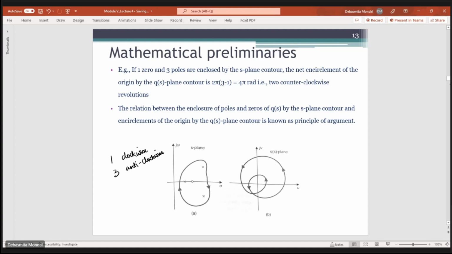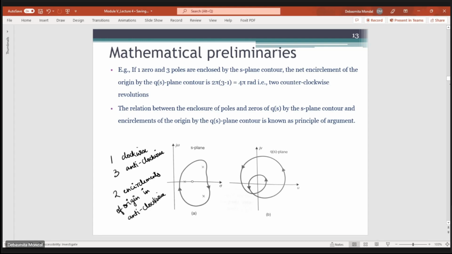So overall, 3 minus 1, that is 2 encirclements of the origin in the anti-clockwise direction. The overall angle experienced is 2 pi multiplied by 3 minus 1, which equals 4 pi radians. That is the same as 2 counterclockwise revolutions.